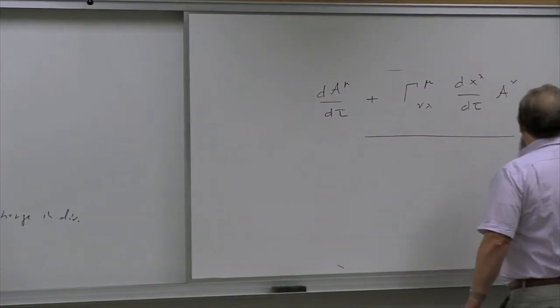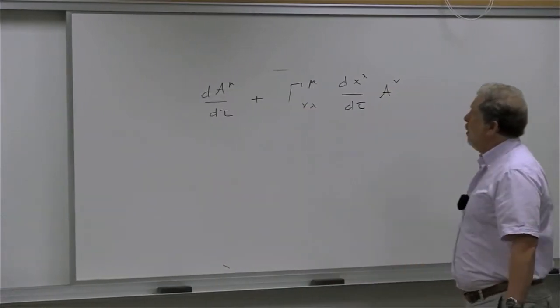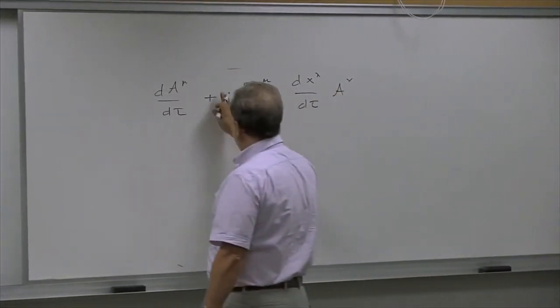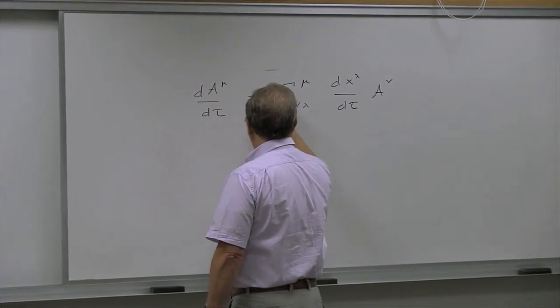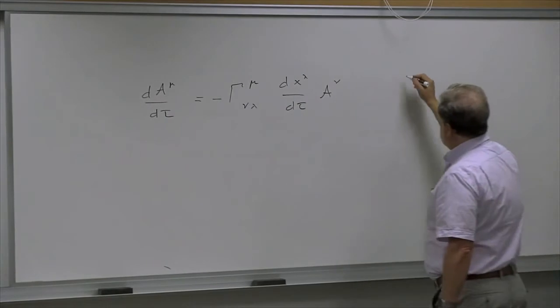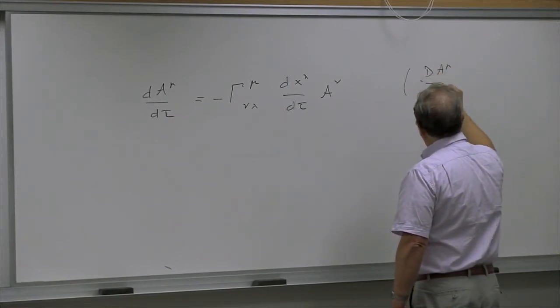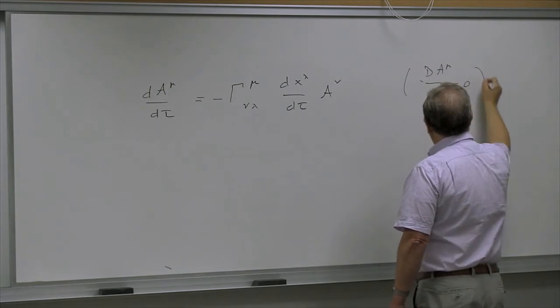So in fact, if the 4-vector that is attached to the particle does not change direction in the freely falling frame, then this is the equation that is satisfied by it. So this is the equation that DA mu by d tau is equal to 0.